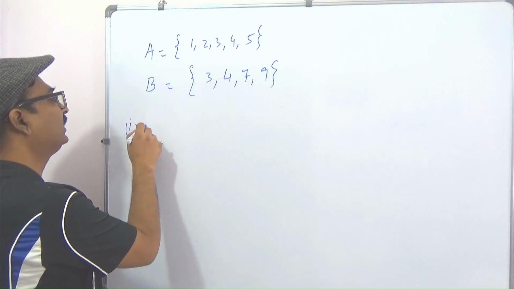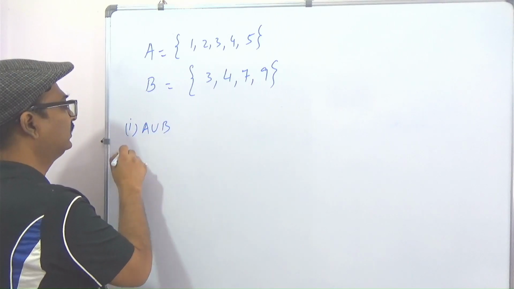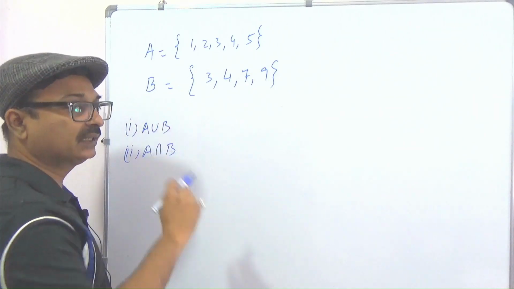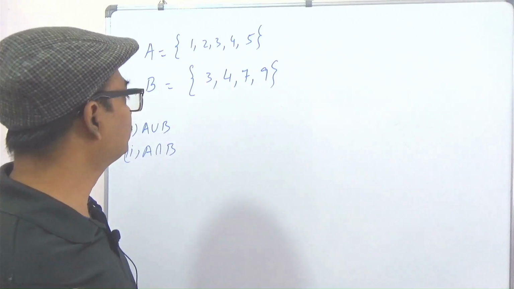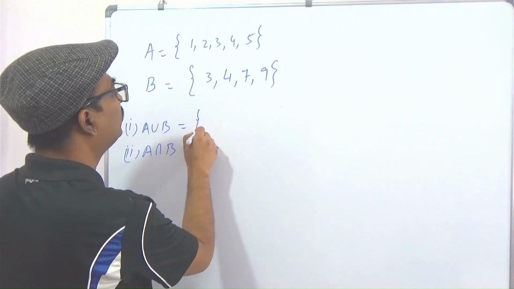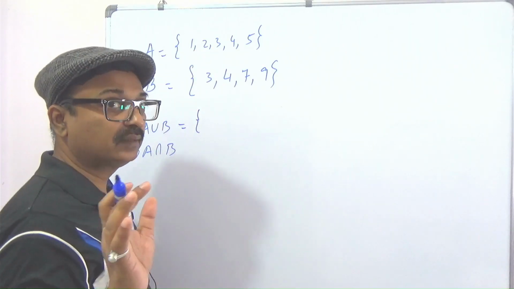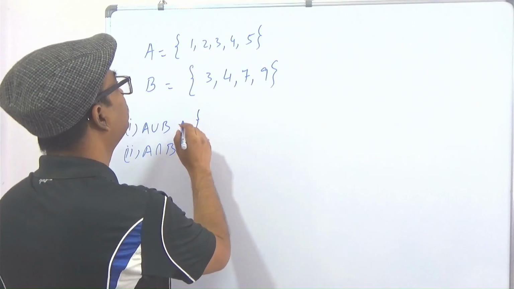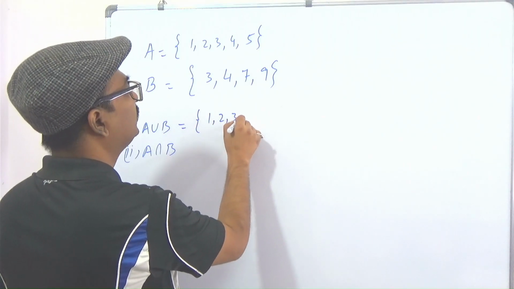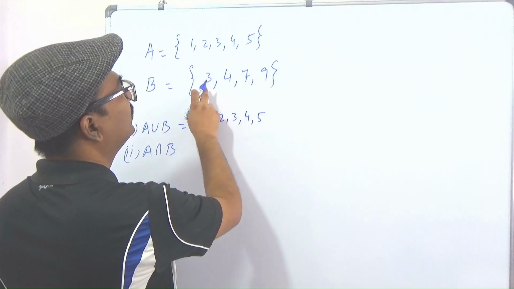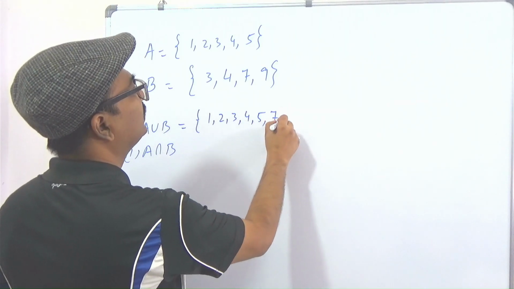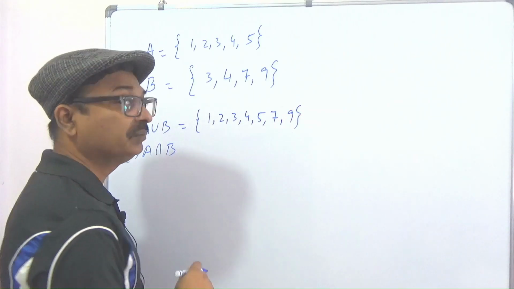First, we have to find A union B. Second, we have to find A intersection B, and represent them on the Venn diagram. What will be A union B? A union B will have all elements of A and B, we'll just remove the repetition. So this is 1, 2, 3, 4, 5. 3 and 4 are common, so we won't repeat them. 7, 9. This is A union B.